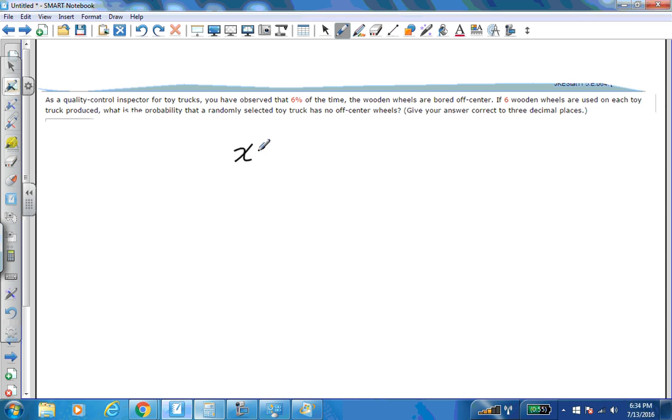So, first of all, let's define our random variable. Let's let x be the number of off-centered wheels. So if we're counting off-centered wheels, then our probability of success, that's if we look at a single wheel, what's the probability of finding that wheel to be off-centered?